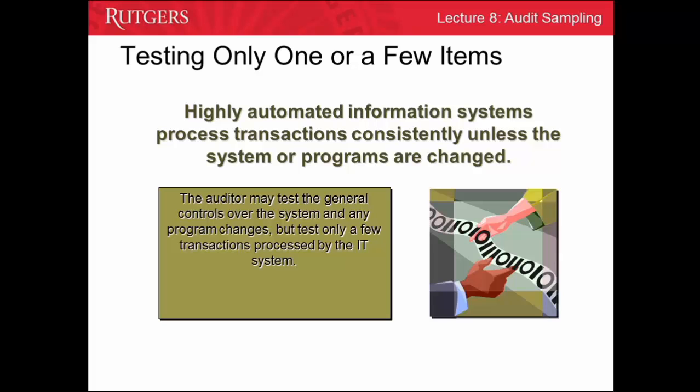In conjunction with that test of the automated controls, the auditor may test general controls over changes to the system and program in order to provide evidence that automated controls have been operating over the audit period. This type of test of automated IT control does not involve audit sampling.